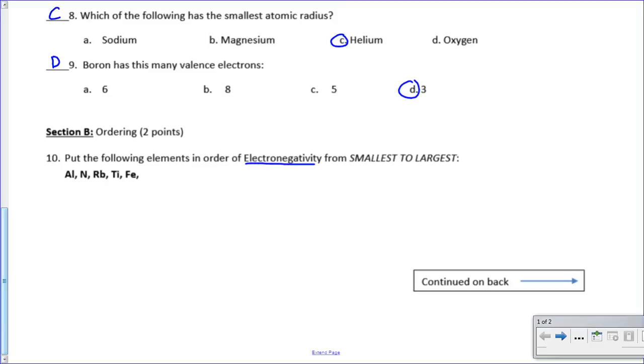Sorry, it's not atomic radius, it's electronegativity from smallest to largest. And so, actually going to go the other way. So we'll start at the bottom. That would be rubidium, Rb. And then the next one would be titanium. And then iron, and then aluminum, and then nitrogen.